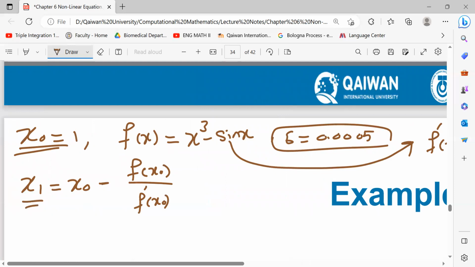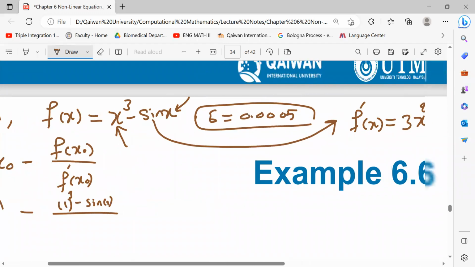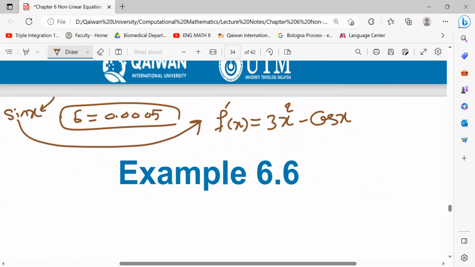To find x1, it is 1, x0 is 1, minus f of x0. We just replace x here and here by 1 because x0 is given, it's 1. So it's 1 cubed minus sine 1, divided by f prime of x0. x0 here is 1.